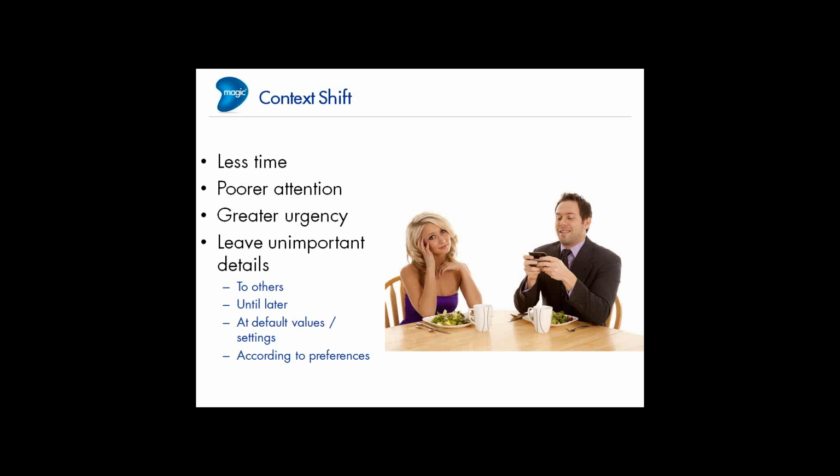So this context shift means that we have less time, less attention, and there's a greater urgency to solve the business issue now and probably leave some of the unimportant details to others. Maybe simply take care of them later so that some of the follow-up tasks associated to the critical task are queued up and held until later. Maybe the default values and settings just need to be better utilized.